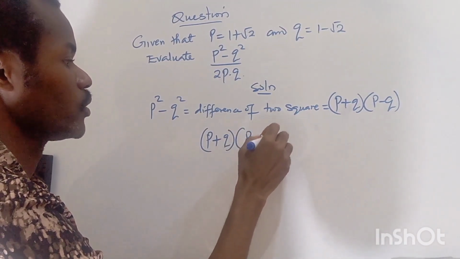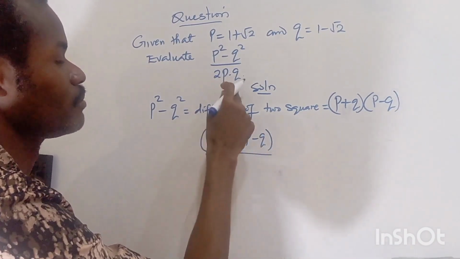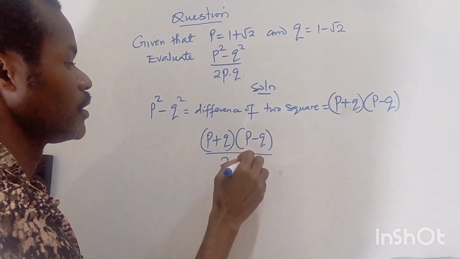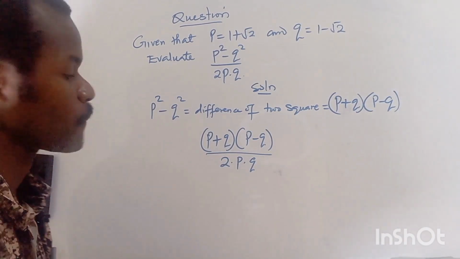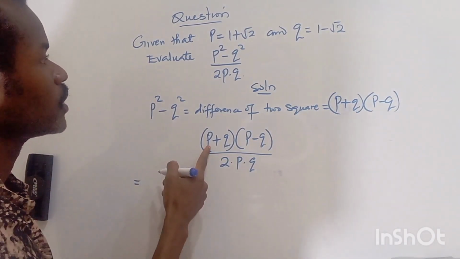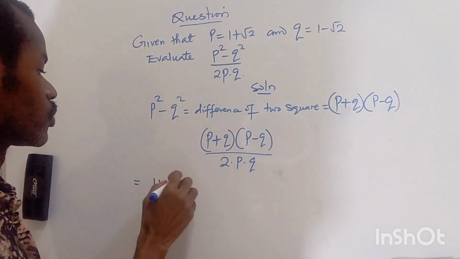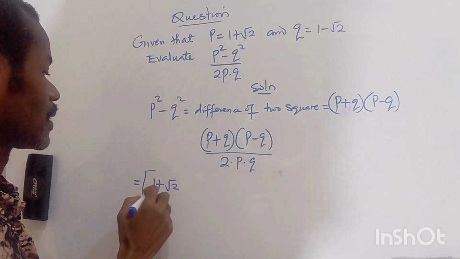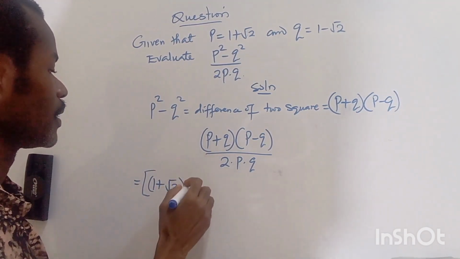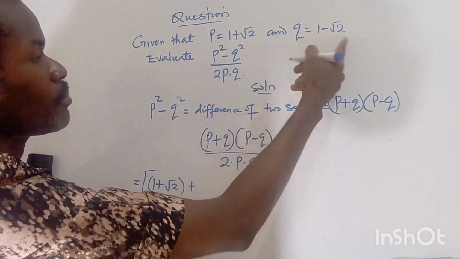So in place of all this, we can write p plus q multiplied by p minus q, and all this we are dividing by 2 multiplied by p multiplied by q. All right, so let's see what we can do. Our p is 1 plus root 2, so we have 1 plus root 2 plus our q, 1 minus root 2.